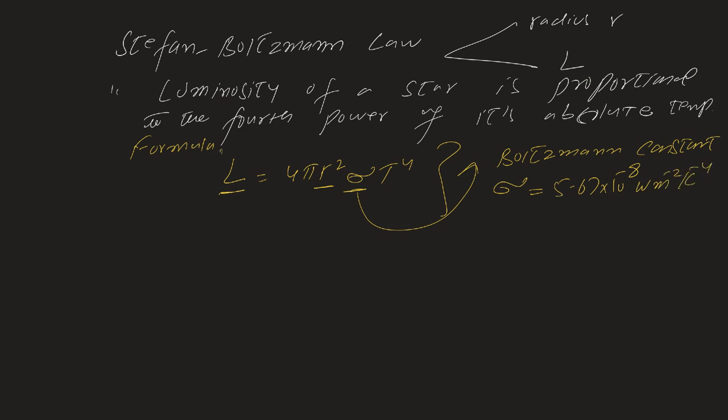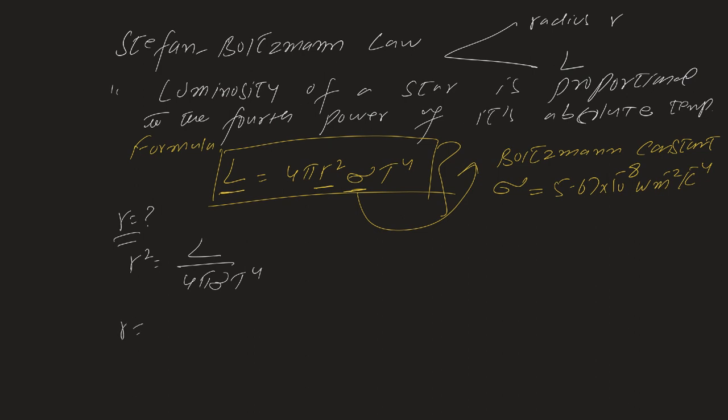By using this relation, we are able to calculate the estimate of the radius. So how can we estimate the radius of a star? For example, we have to make r the subject: r is L over 4 pi sigma T power 4.